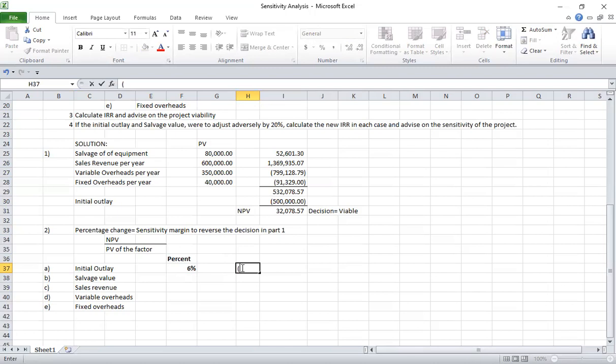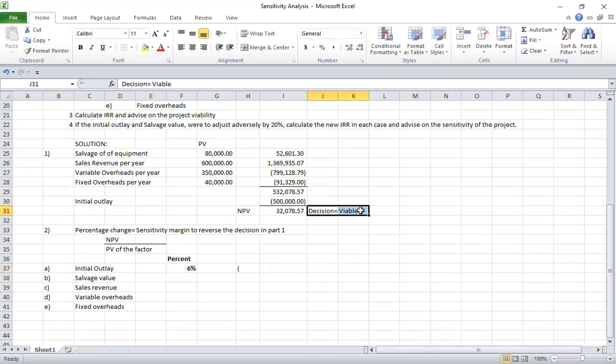So what does the 6% mean? Now remember that we are looking for the percentage change that will make us reverse the decision in part 1. The decision in part 1 was that the project is what?